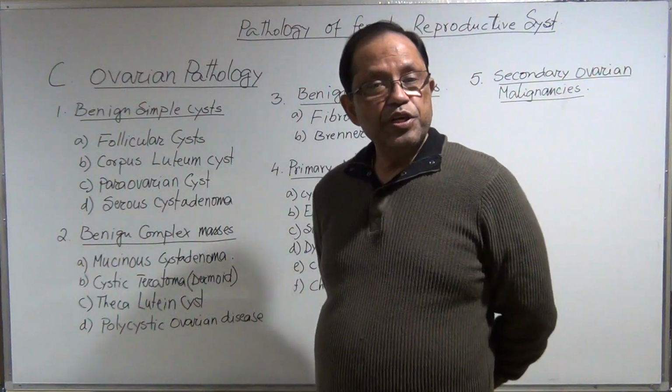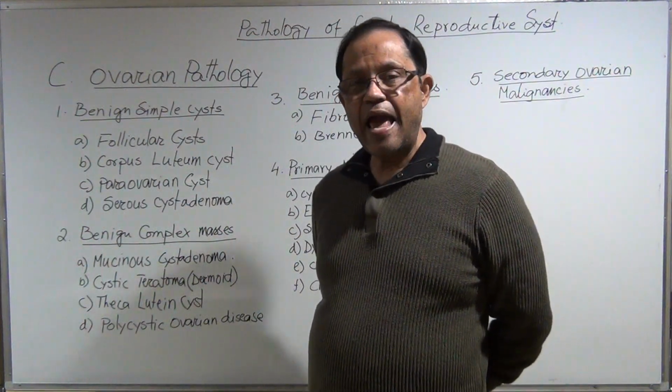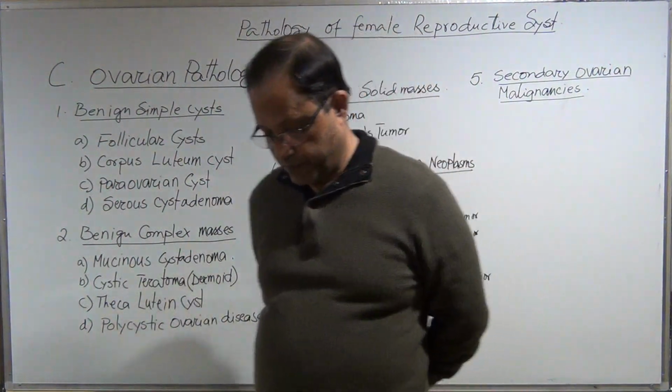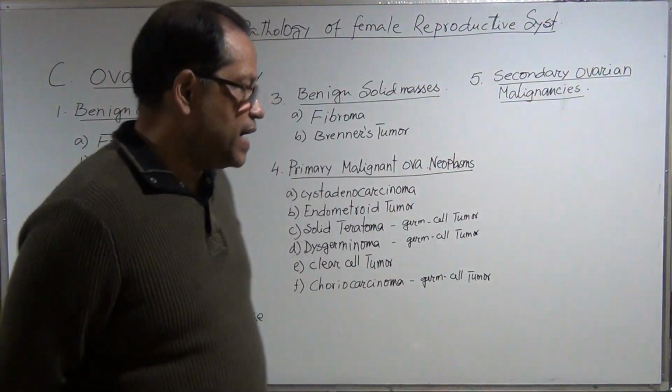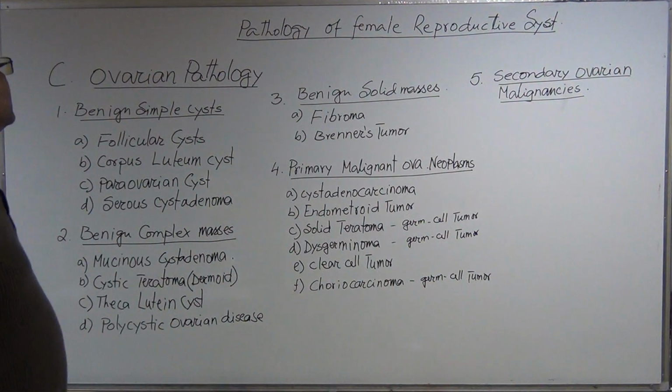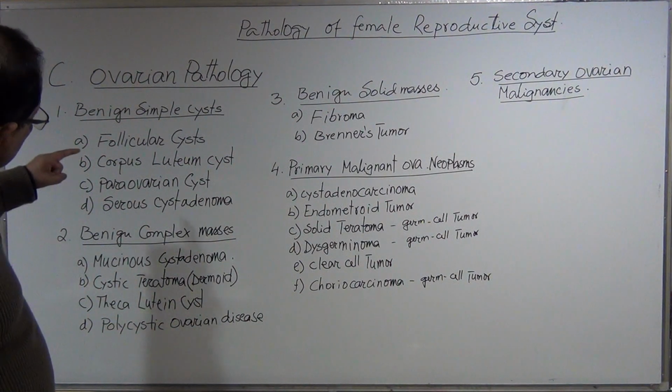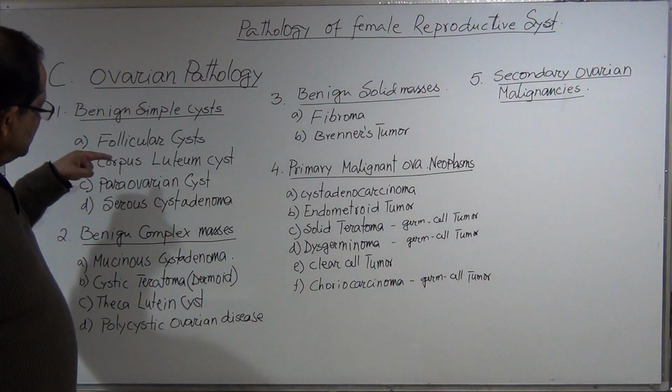There will be posterior enhancement and refracting shadows. So these 4 criteria fulfill the simple nature of a cyst. What are those simple cysts?